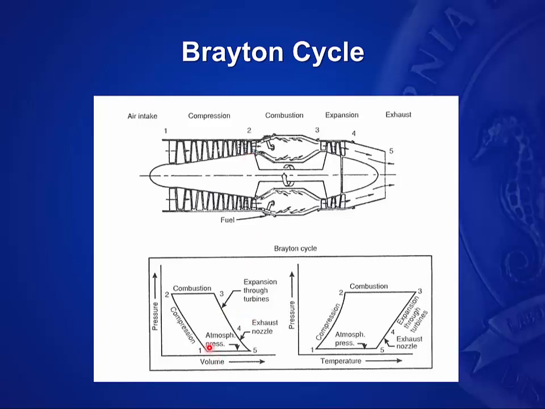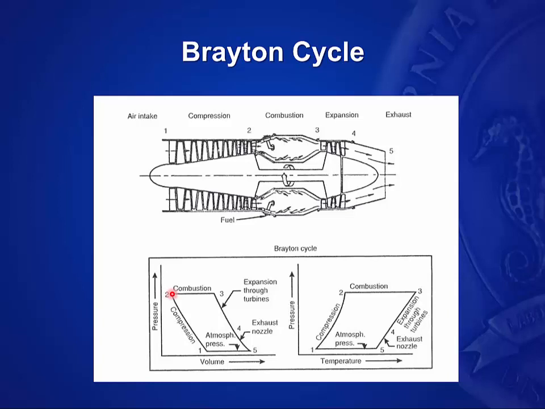Now, when you look at these two graphs down below, in the first one we have volume increasing up to the right along the bottom and pressure increasing as you move upwards. So from the air inlet to the compressor outlet, what we see is an increase in pressure and a decrease in volume.